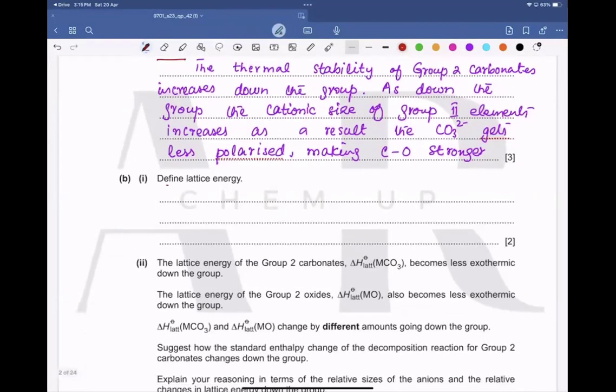Then define lattice energy. Okay. So the definitions, as I have told you earlier, you have to remember them.